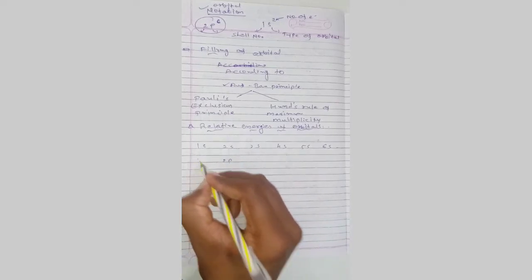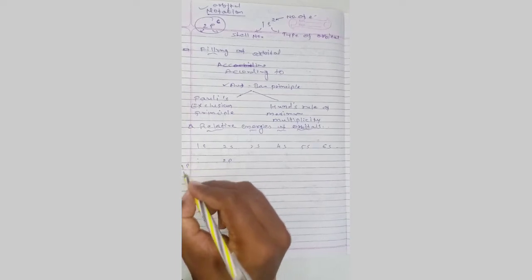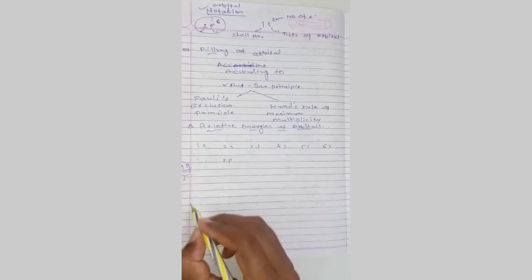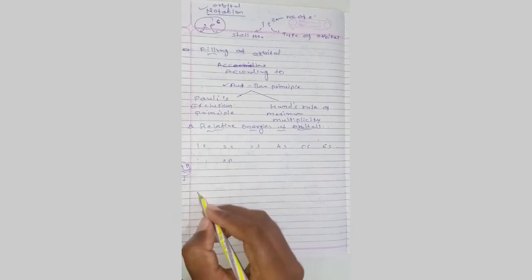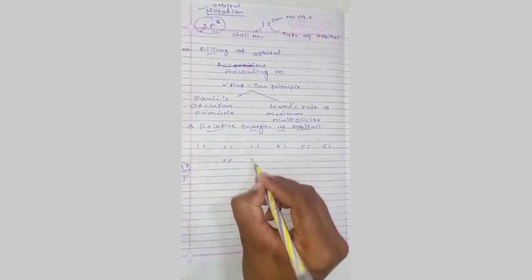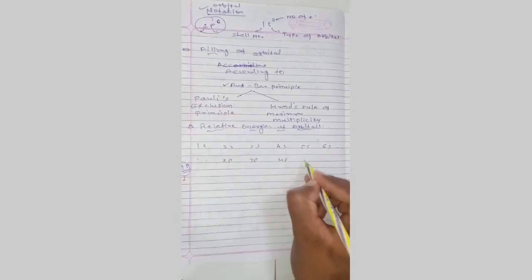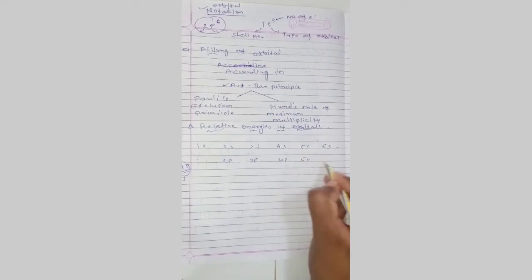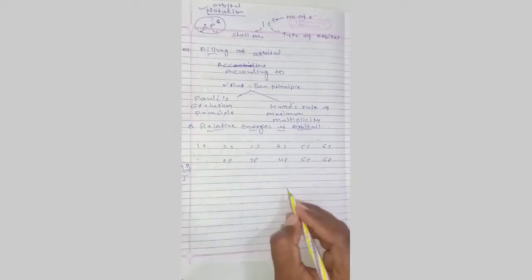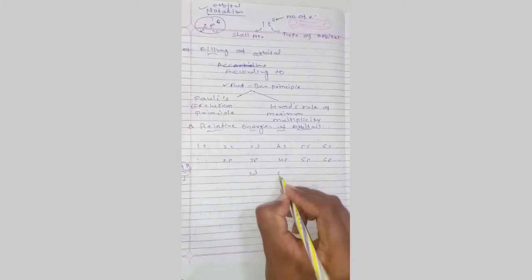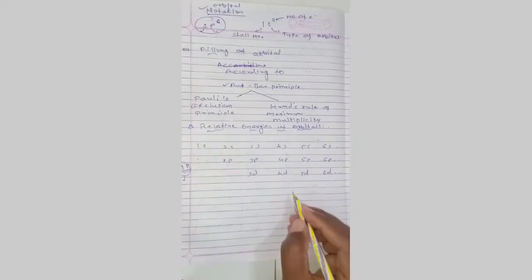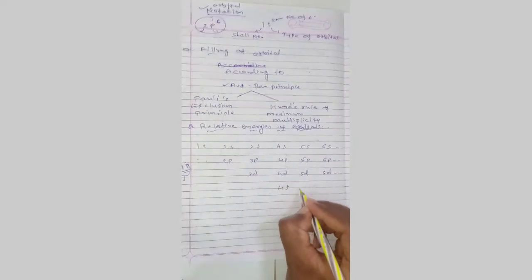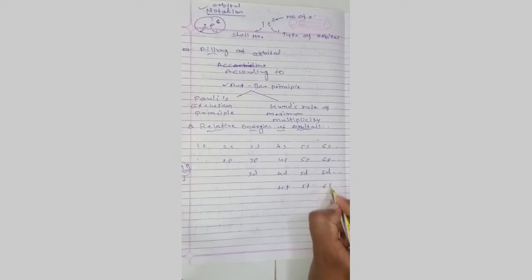Why 1p is not there? Because 1p is not possible. Okay, so here 3p, 4p, 5p and 6p. Then after 3d, 4d, 5d and 6d, 4f, 5f and 6f.